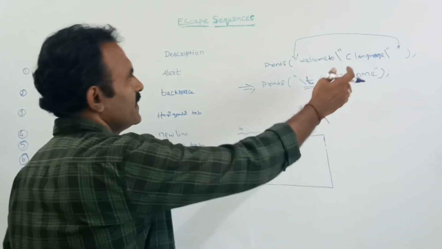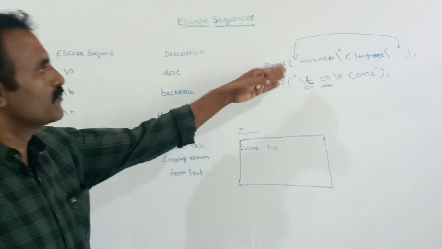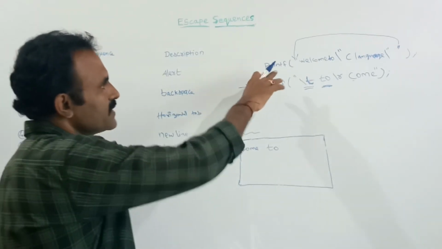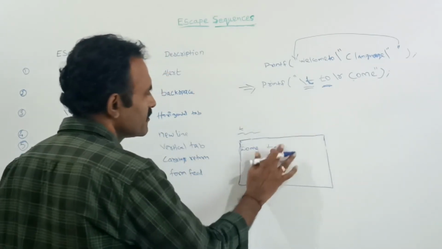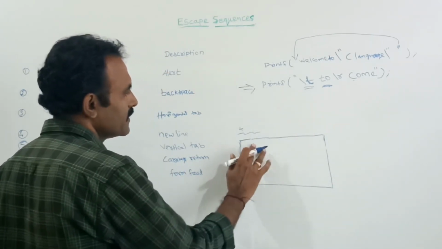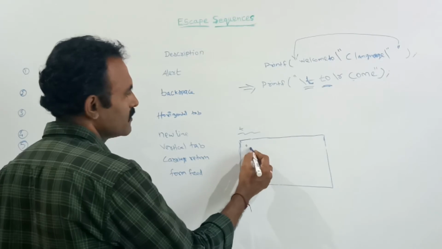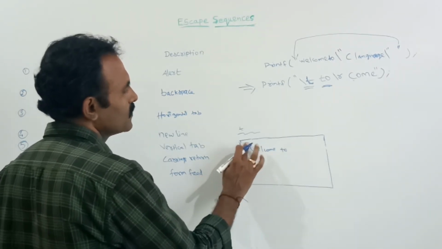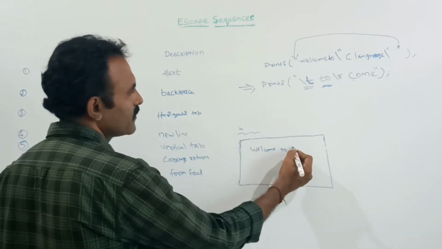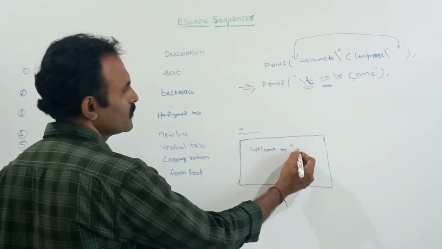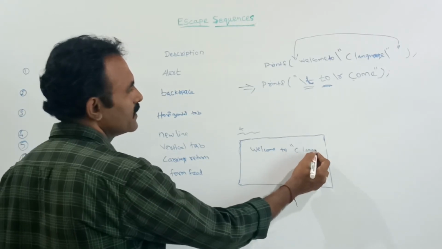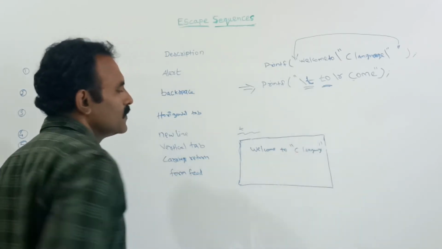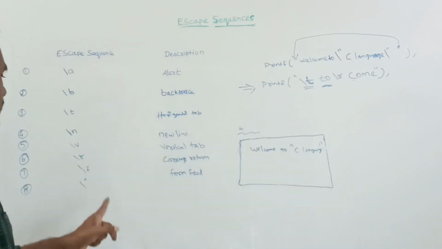So when we run this printf statement, it will be displayed on the display screen like this, within double quotes: welcome to, here only the double quotes will be displayed, welcome to C language. So for displaying the double quotes we should use backslash and double quotes.